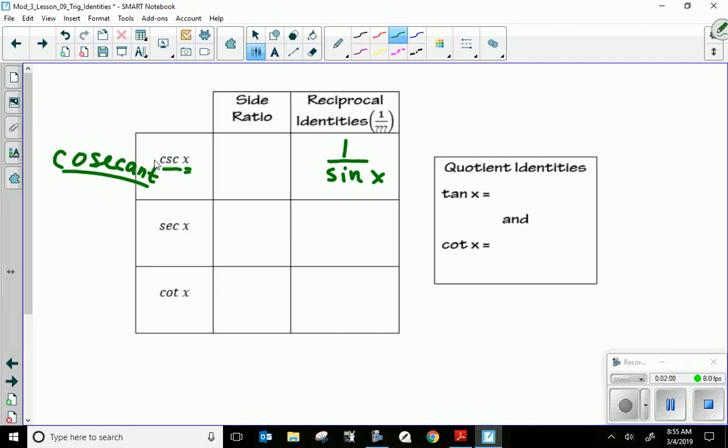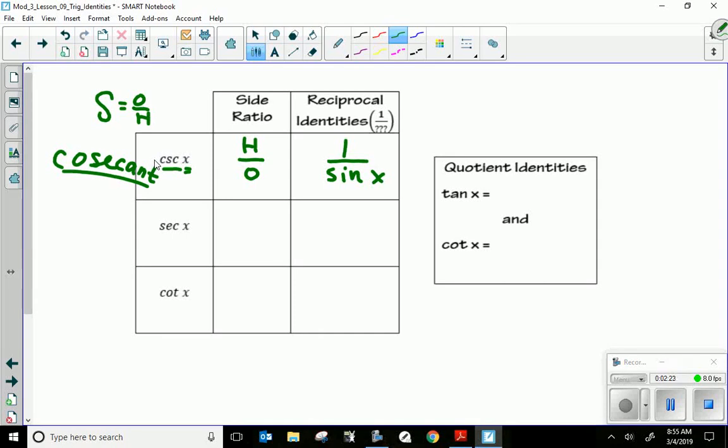So if sine is O over H, and cosecant is the flip of that, cosecant would be H over O. So literally, if I had a triangle, 30, 60, 90, 45, 45, 90, cosecant is the flip of sine. So it's H over O.